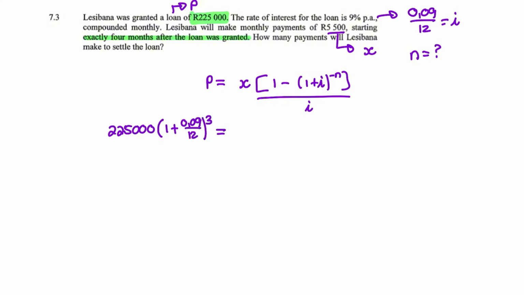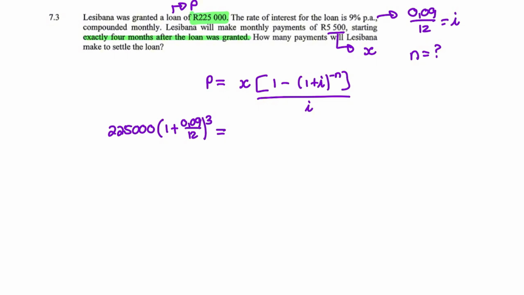So remember, when you start a payment 4 months after the granting of the loan, the first month creates a little gap. So we have our gap, and then the first payment would be on month 4. So we don't count the first payment that we've missed, and therefore we have missed 3 payments.